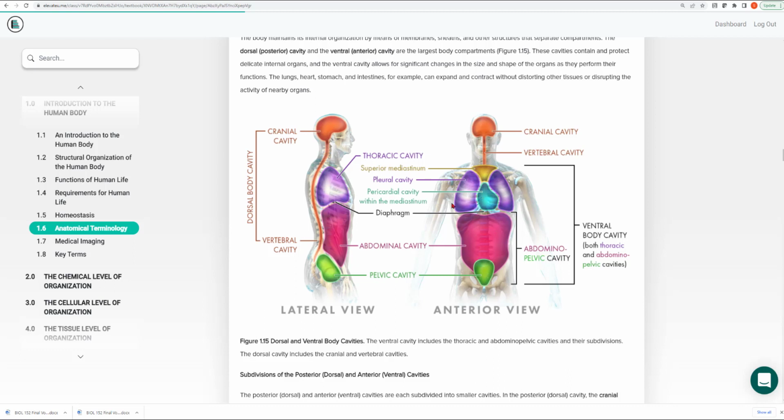Within the thoracic cavity, you can see this is the home of the heart. This is the home of the two lungs. And this is also home of a region, shown in yellow, referred to as the mediastinum. Mediastinum. Think of it almost as in the middle behind the sternum.